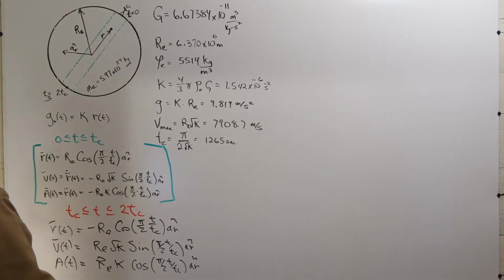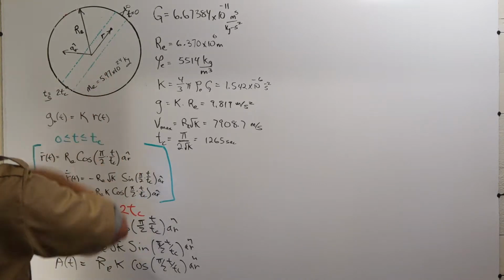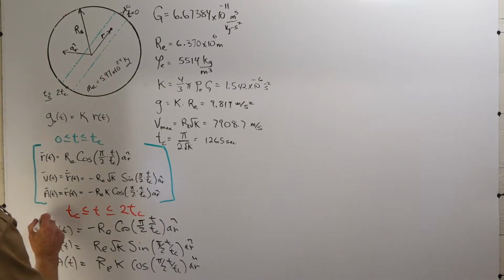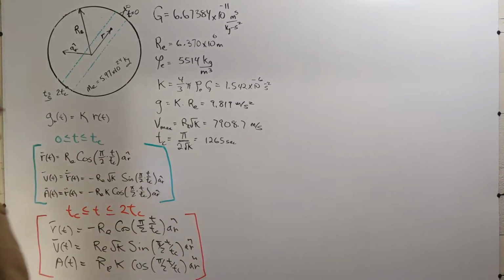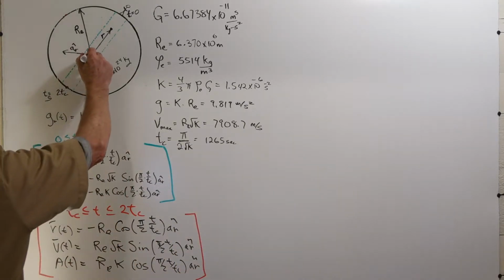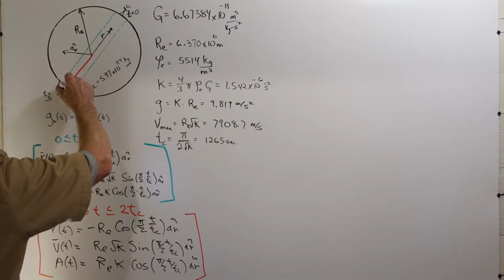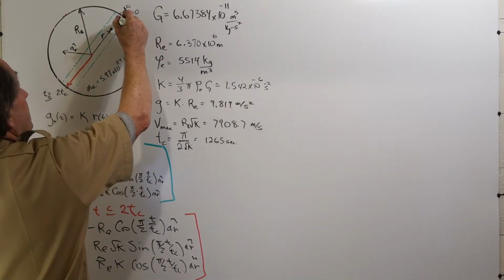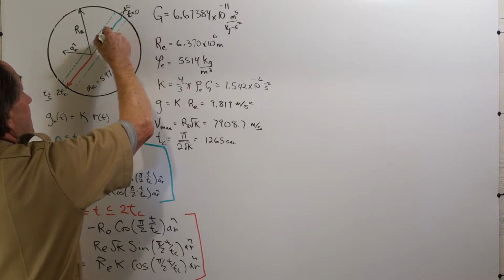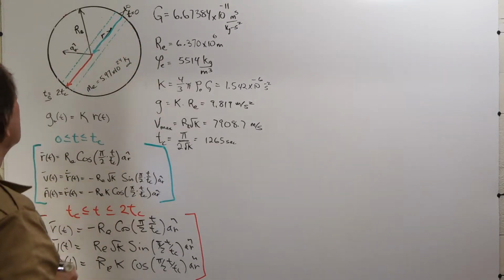And then the other equation is for when we pass through the center and reach the other side of the Earth. The green set here addresses the issue where we're coming down to the center.